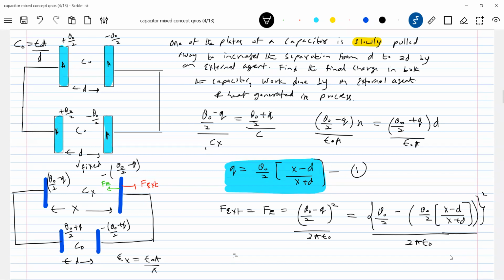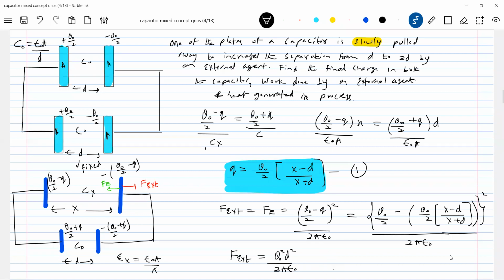Don't substitute in terms of x only; bring it, because the force is variable, no? So it is Q naught squared d squared by 2A epsilon naught into (x plus d) whole squared.